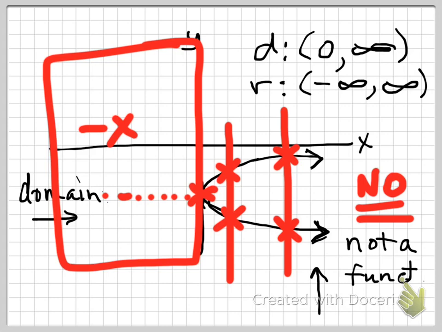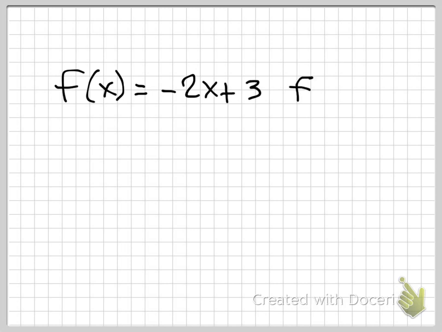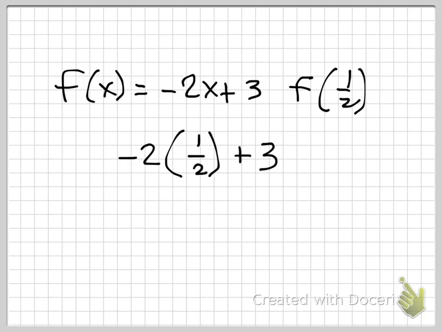There's one with a fraction. Don't let the fractions throw you, because remember, you can let your calculator do the fraction for you, as long as you understand how your calculator works. Finding f of 1/2, simply -2 parentheses 1/2 plus 3.